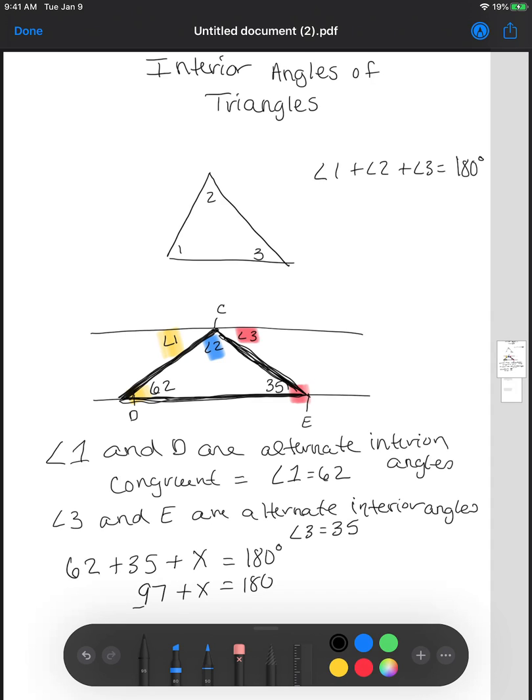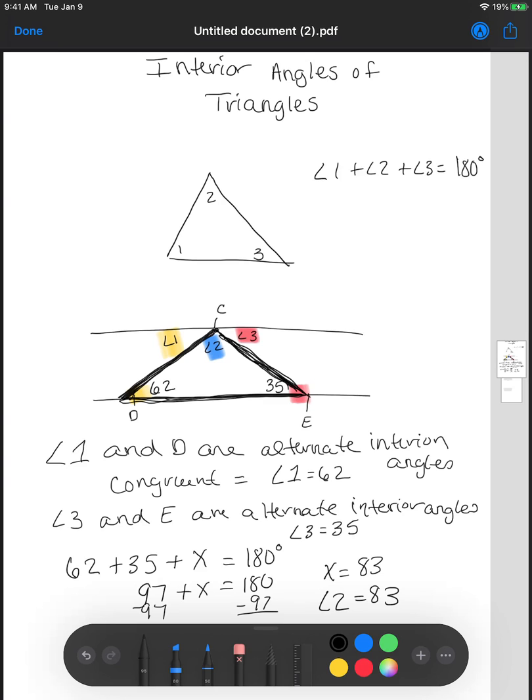Now I'm going to work backwards. I'm going to subtract 97 from both sides. And 180 minus 97 equals 83. So x equals 83, which in turn means angle 2 equals 83.